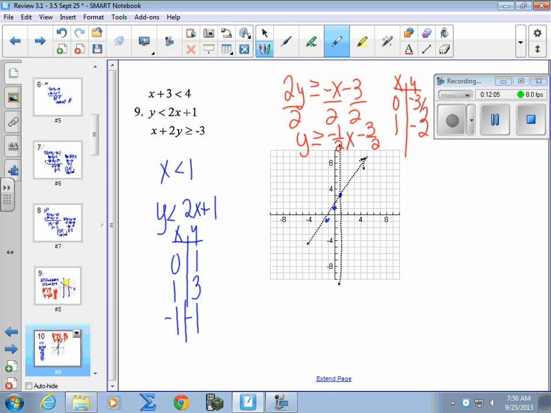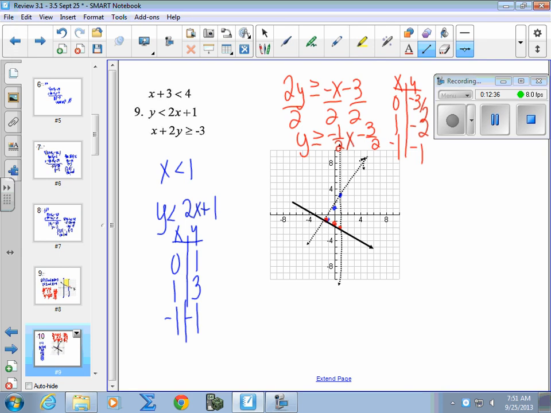Negative 2. Plug in negative 1, we get negative 1. So we have 0 and negative 3/2, negative 1 and negative 1, and 1 and negative 2. It is a solid line, so we have a solid line here.